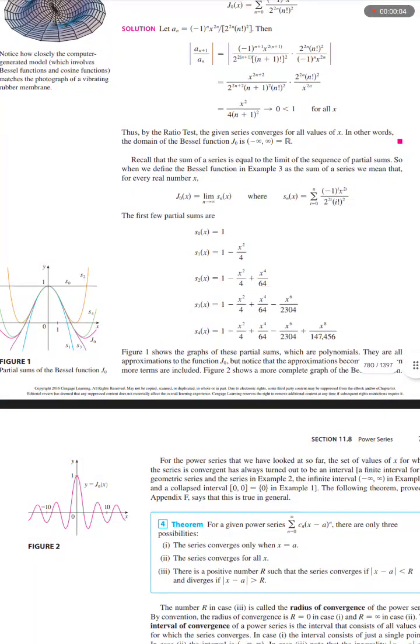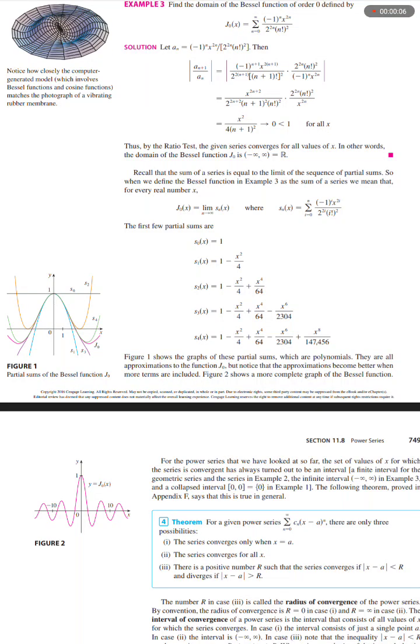Recall that the sum of a series is equal to the limit of the sequence of partial sums.